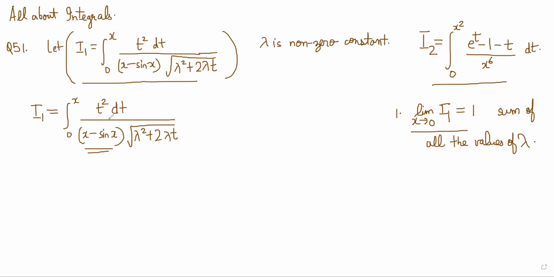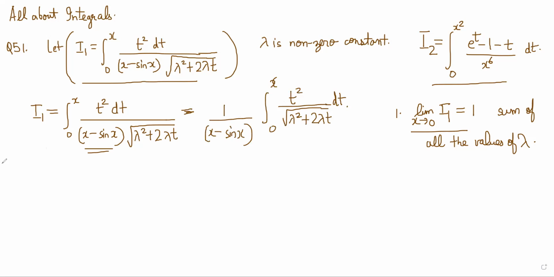The integration is about the t variable, x is a constant. So I take it out and write it like this: 1 by x minus sine x, integral of 0 to x t square by root over lambda square plus 2 lambda t dt, right?